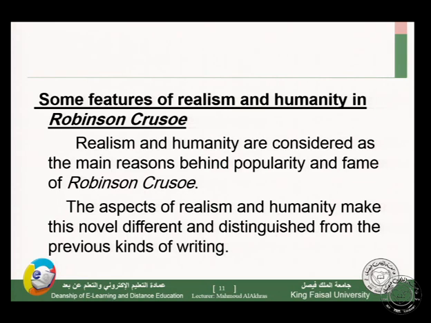Since we can read about human topics and the humanity of people, and we can get the truth about these people, both of them, humanity and realism, are connected together. So these reasons are behind the success of Robinson Crusoe or this kind of novel.